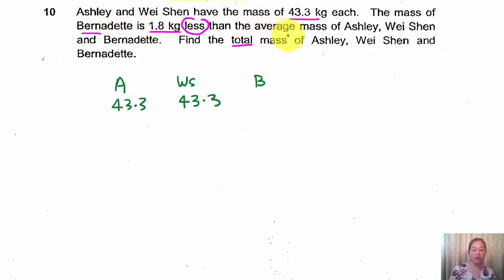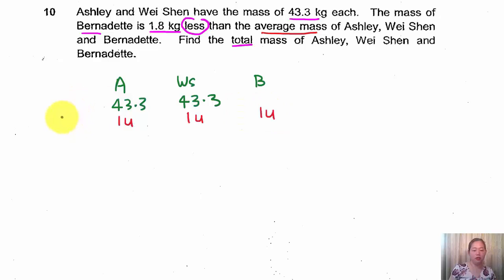The next information is that Bernadette is 1.8 kg less than the average of these three persons. But we do not know the average mass of these three persons. So I have decided to use my favorite letter, U. Let this one be 1U for the average of Ashley, this will be 1U, and this will also be 1U.